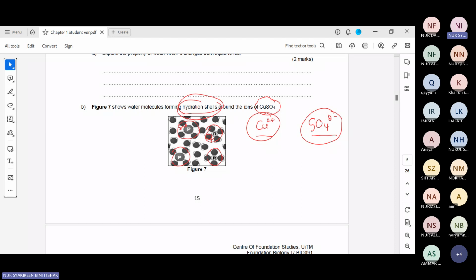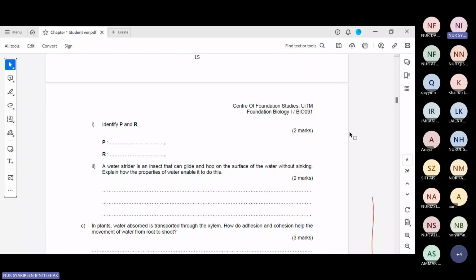Okay, so the next question is again about the water strider and surface tension. The water strider is an insect that can glide and hop on the surface of water without sinking. Explain how the properties of water enable it to do this.